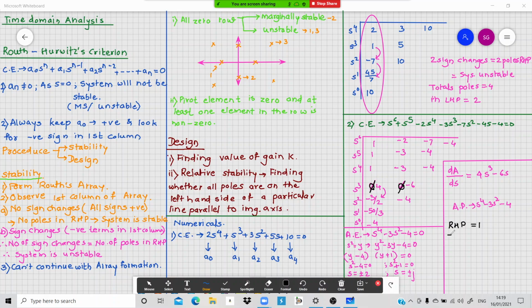On the imaginary axis, we got 2. In total, the order is 6. So in the LHP, how many poles are going to lie? 6 minus 3, that is 3. And the system is unstable.